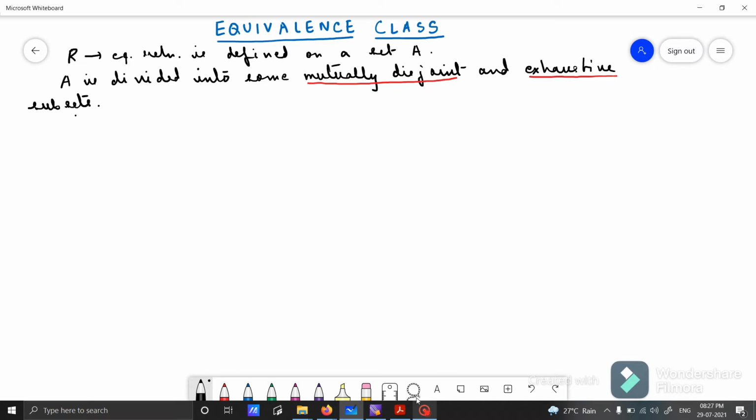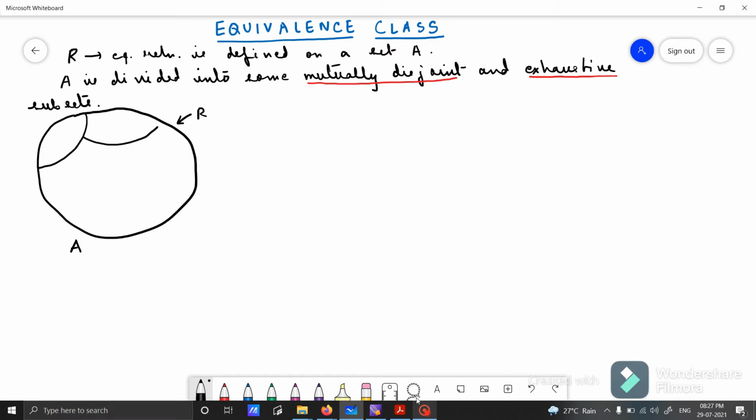So suppose this is my set A on which the relation R is defined. So this is set A. If R is an equivalence relation, then this set will be divided into some compartments. Let us denote these compartments like this.